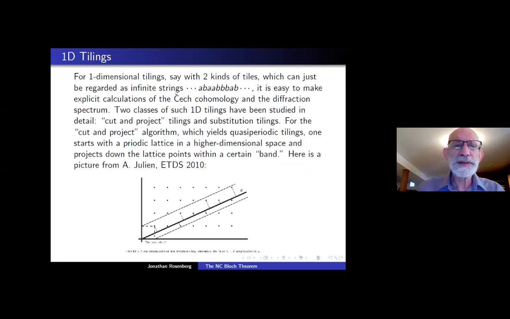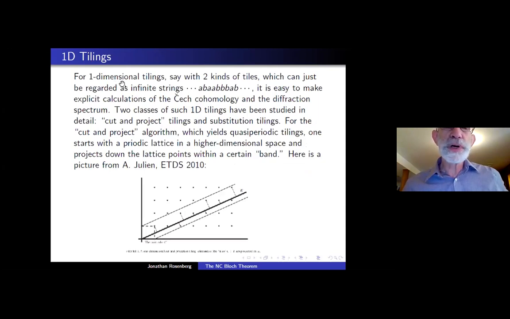Thanks to my physics collaborators, we have some specific calculations for one-dimensional tilings. And since the gap labeling conjecture is true up to dimension 3, there's no problem with that in this situation.